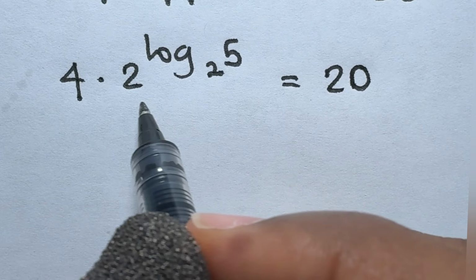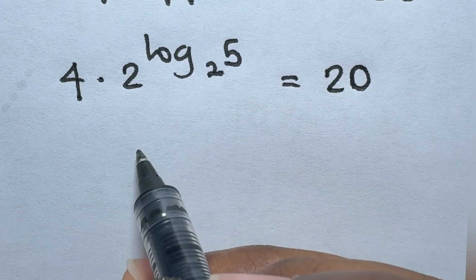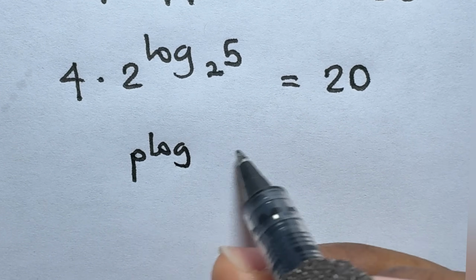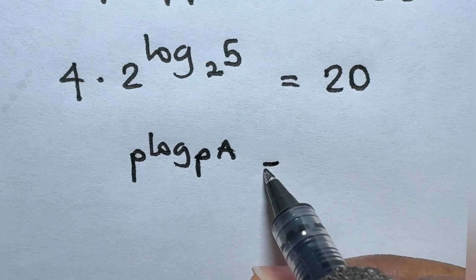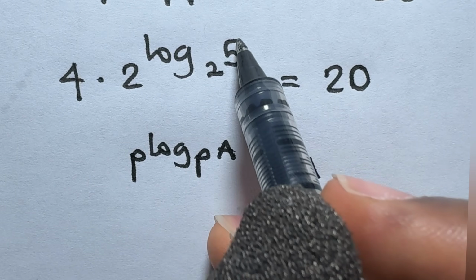By law of logarithm, this expression here, 2 raised to power log 5 base 2, is of the form p raised to power log a base p. By law of logarithm, this will give us a. So this expression here will give us 5.